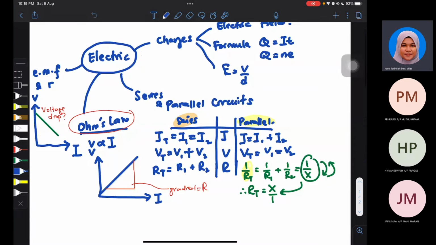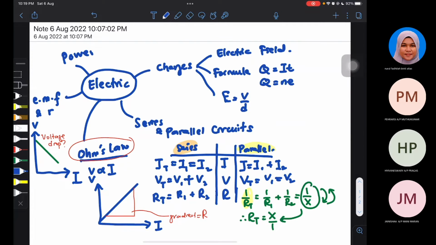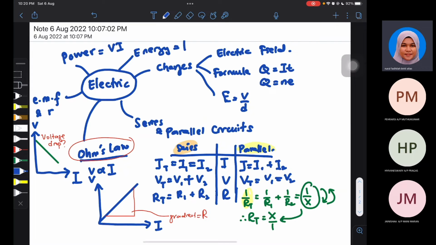Jadi kalau masuk dekat sini, ada satu, okay, lepas kita dah tahu ni semua, and then you need to know about power. Power equals to VI. Okay. And then energy. Ada energy juga sebelum tu. Energy equals to power times time.